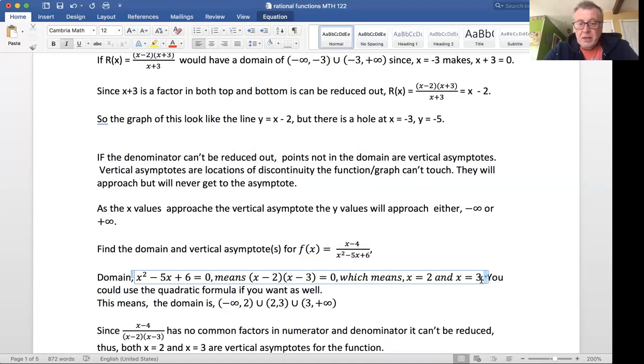This means that the domain will go from minus infinity to 2, our first bad point, if you will, has to jump over that point and start again on the other side of the asymptote at 2 and go to 3. Has to jump over 3 and start again just beyond 3 and go to positive infinity. And we connect these with union signs.